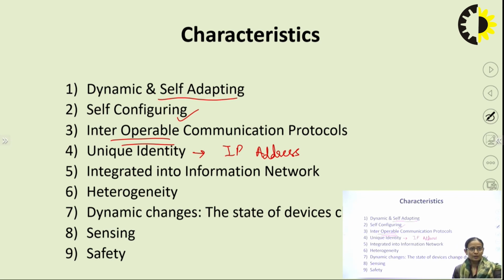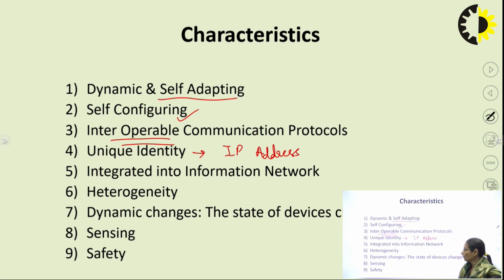And all the smart devices present in the IoT have the ability to get an IP address. Integrated into information network, that is, they are able to get attached to the network easily.